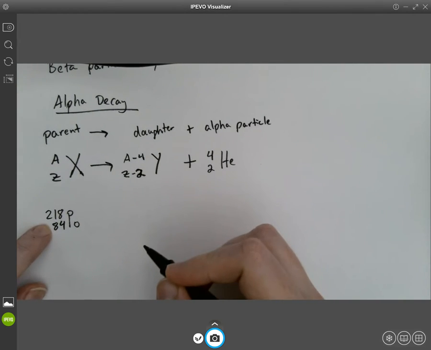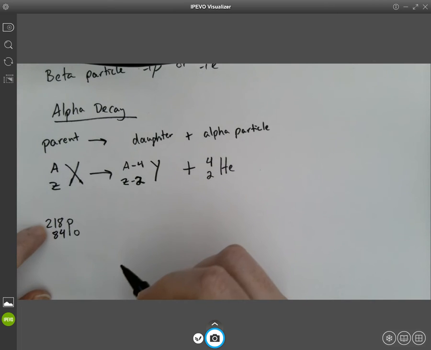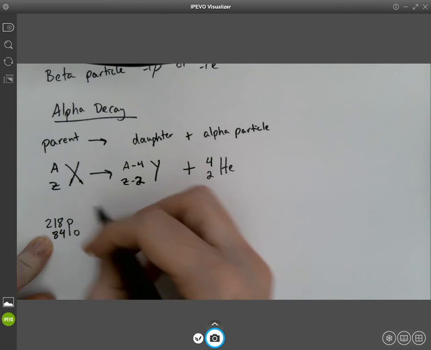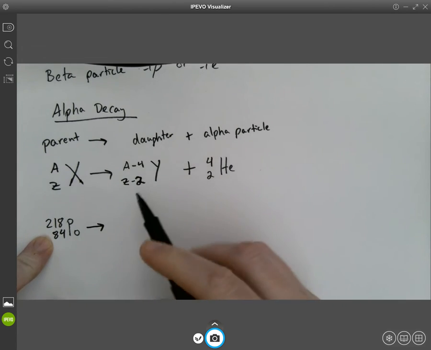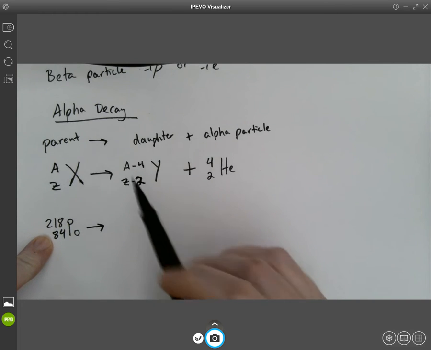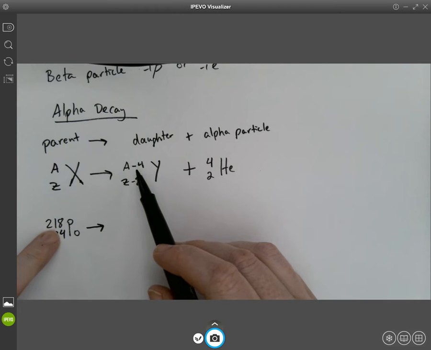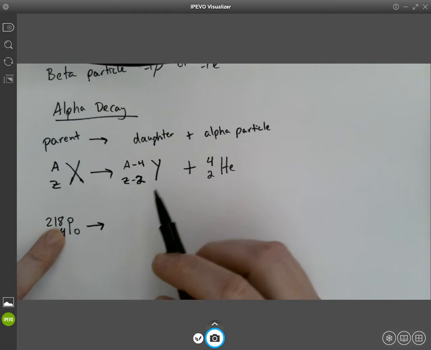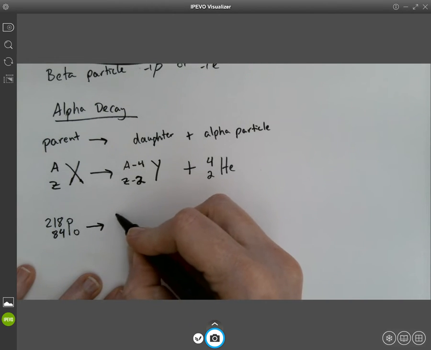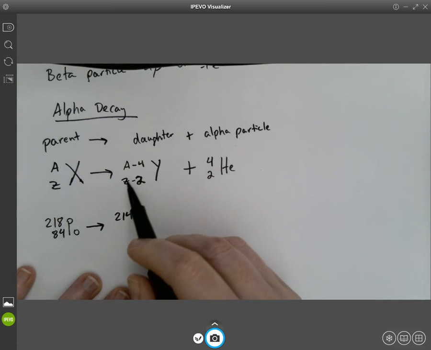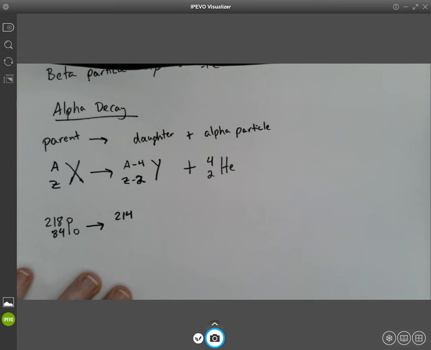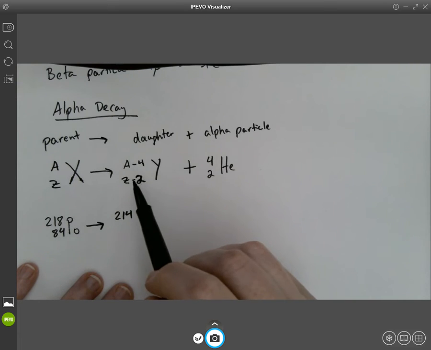So we have our atomic mass and our atomic number. To find the daughter isotope, it is our atomic mass minus 4, so 218 minus 4 is 214. Our new atomic number, which will help us determine what element it's turned into, is Z minus 2.